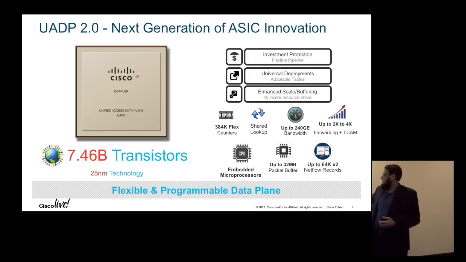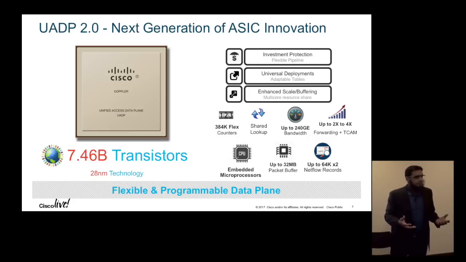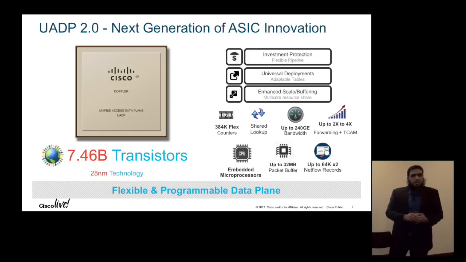And the third thing that we have here is the scaling and performance. So with every new ASIC, most of the time we have better scale and performance. And on this ASIC, we have pretty much doubled, tripled, quadrupled the numbers that we had in the previous generation, which was the UADP 1.0. So you have a lot better bandwidth.